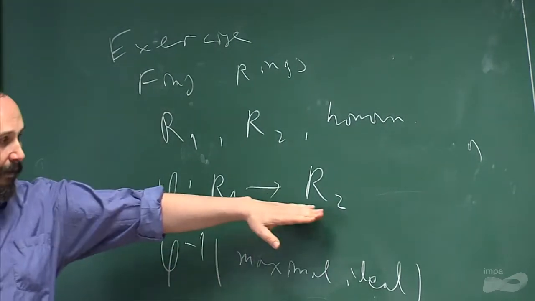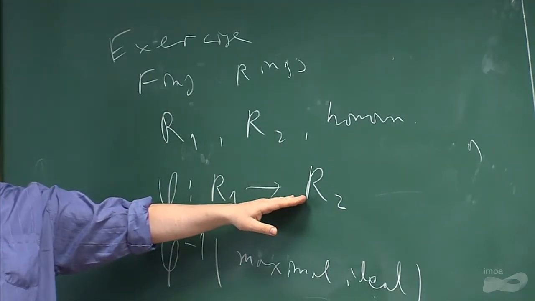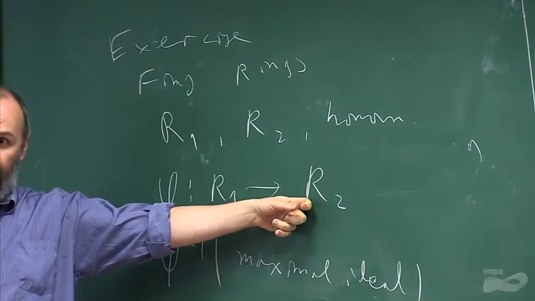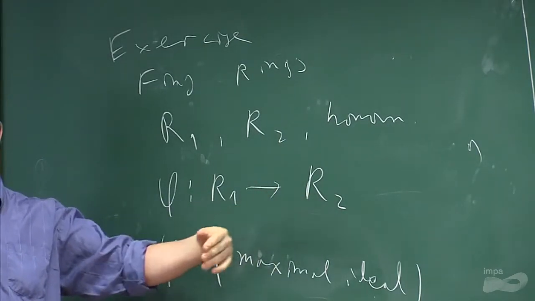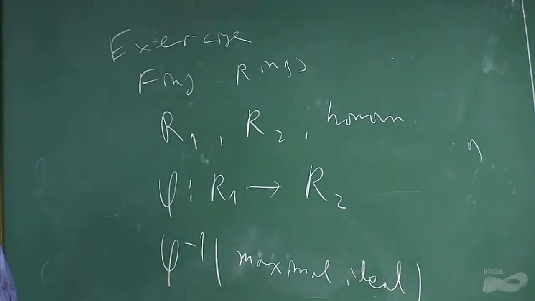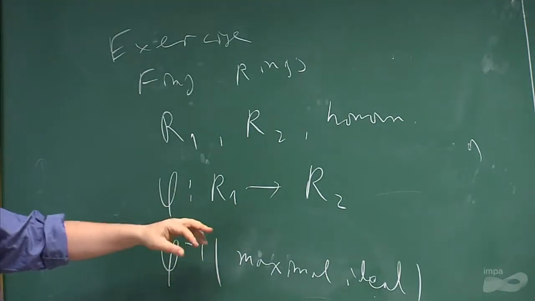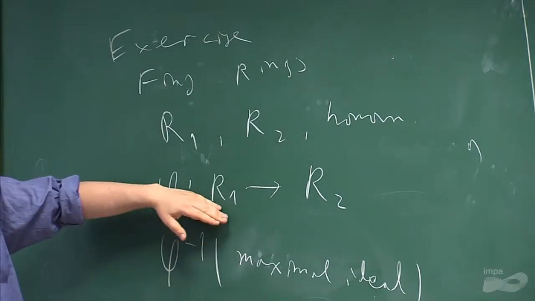So the idea is that with primes it is true. If you have a prime ideal here, the quotient has no zero divisors. You take its preimage.